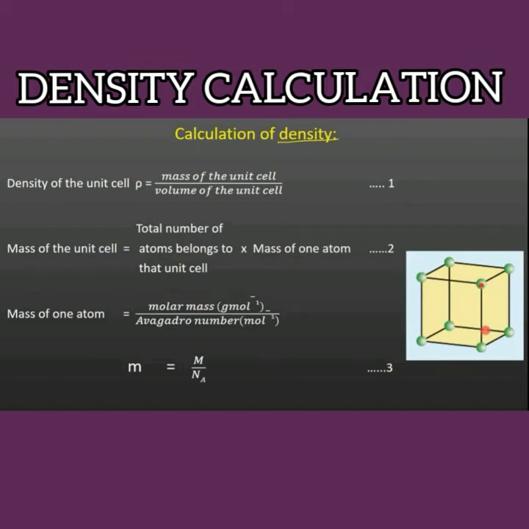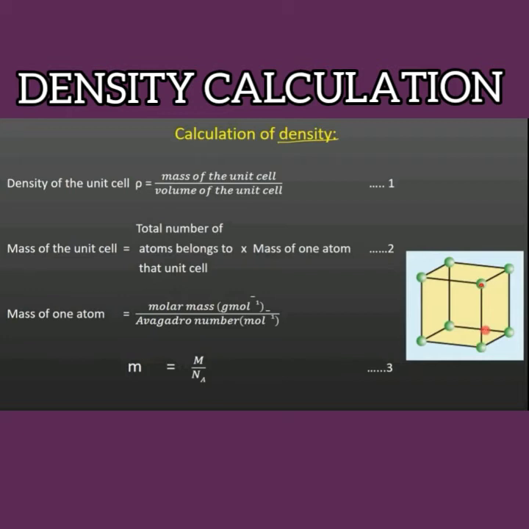So we know density is equal to mass by volume. Next, for the mass of the unit cell, we take the numerator alone. Mass of the unit cell is equal to total number of atoms into mass of one atom. We have to multiply both values. That means in one unit cell, how many atoms are present.